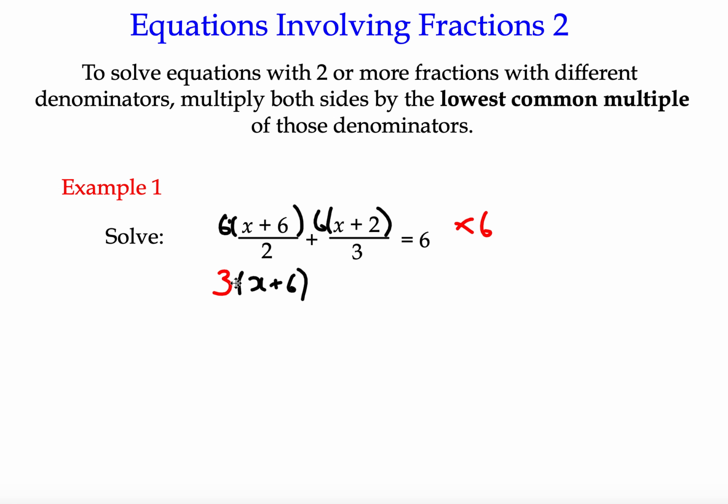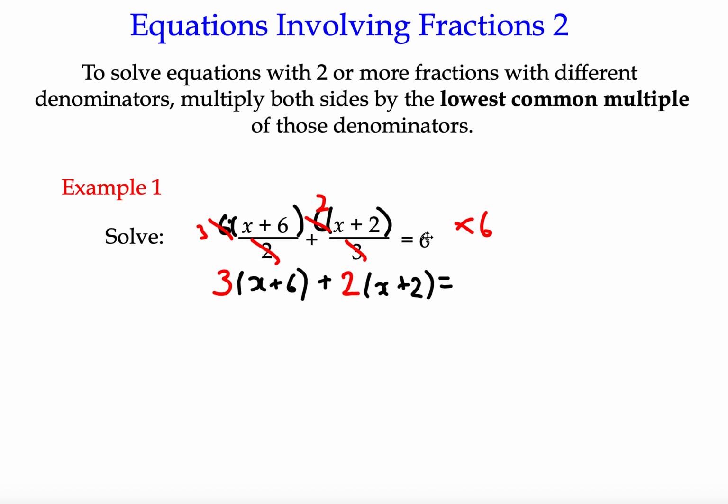So you can see that really, multiplying by 6 and dividing by 2 overall cancels out to just multiplying by 3. And that's why I've written the 3 here. What about the second fraction? Well, we've got multiplying by 6, but dividing by 3 overall is just going to be the same as multiplying by 2. So I'm going to have a 2 as my multiplier on the second expression.